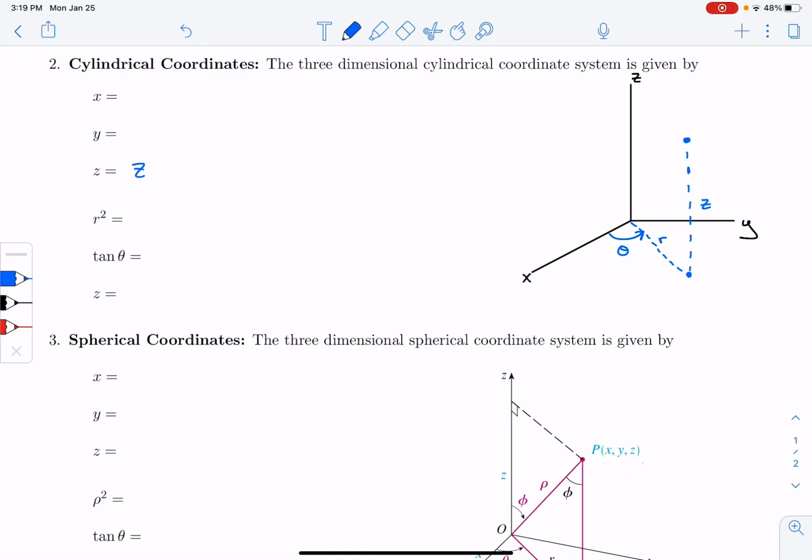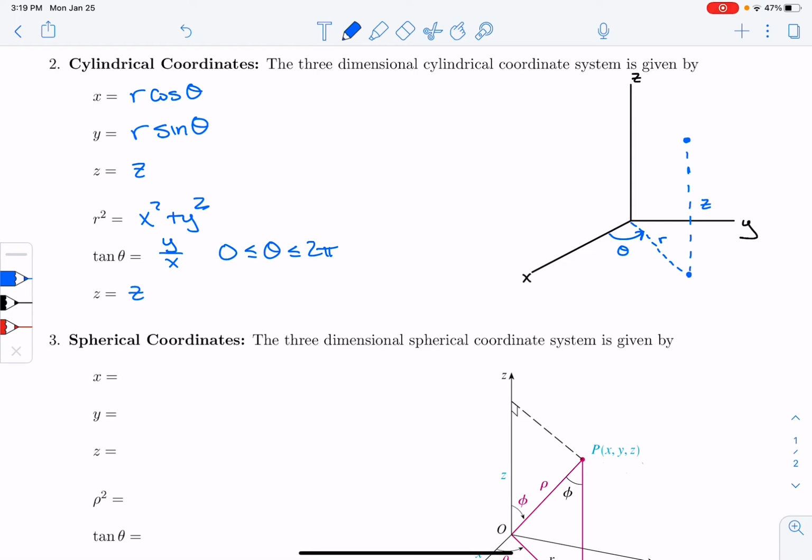So this is essentially polar coordinates in 3 dimensions. x is still r cosine theta, y is r sine theta, and then z is the height z. So again, we have x squared plus y squared is equal to r squared. Tangent of theta is going to be y over x, as long as theta is between 0 and 2 pi. And then z is still z.